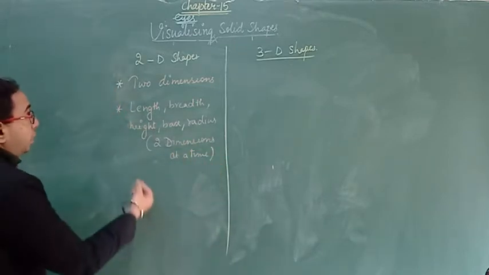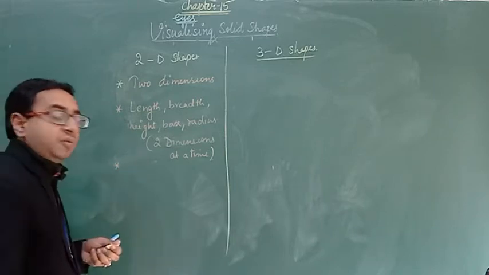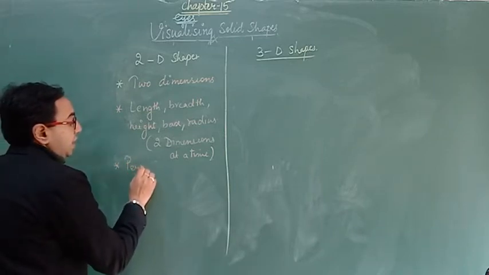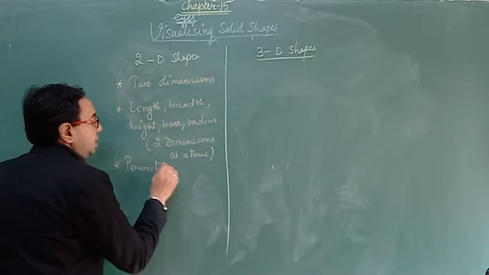Clear? Now, for 2D shapes, what can we find? For 2D shapes, we can find perimeter and area.